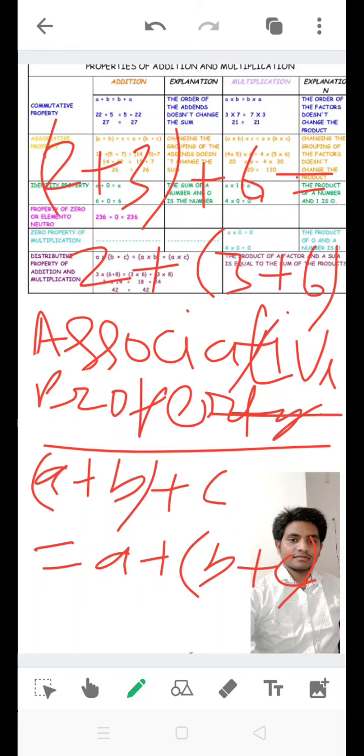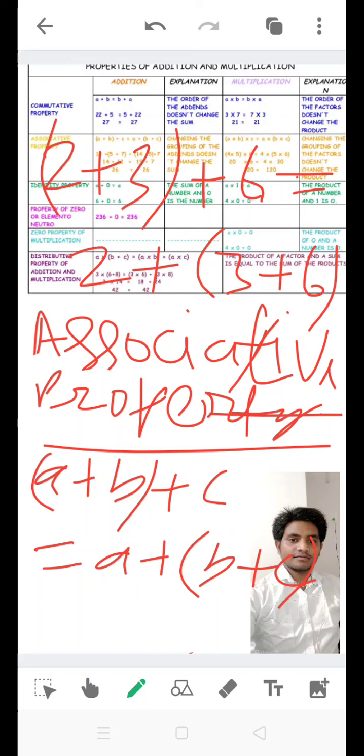Adding 2 plus 3 gives 5, plus 6 gives 11. On the right side, 3 plus 6 is 9, and 9 plus 2 is 11. Dear students, did you all understand this associative property?